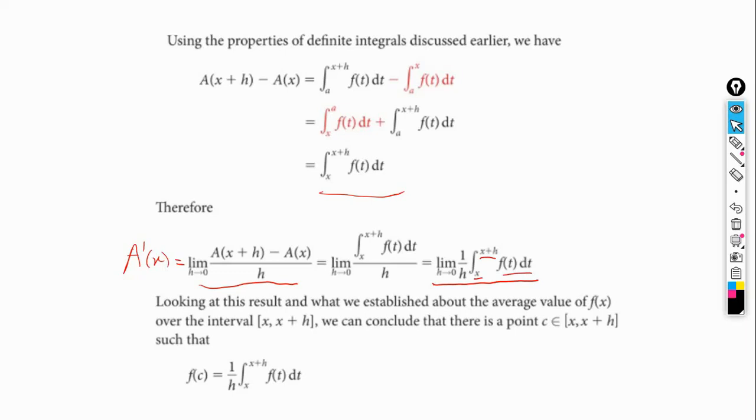This is the same as the average value function. We can conclude that there's a point c that belongs to the interval such that f of c is equal to 1 over h times the integral from x to x plus h of f of t dt.